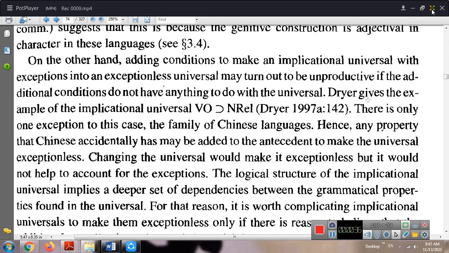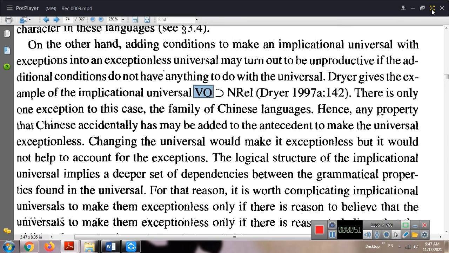Dryer gives the example of the implicational universal: if verb-object, then noun-relative. There is only one exception to this case. The family of Chinese languages are not this way.